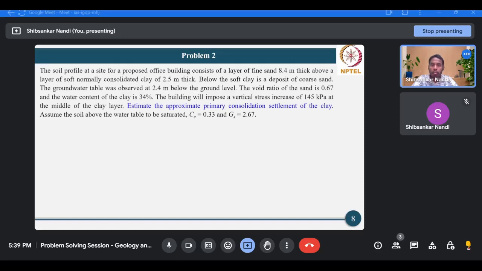The building will impose a vertical stress increase of 145 kPa at the middle of the clay layer. Now estimate the approximate primary consolidation settlement of the clay, and for that you can assume the soil above the water table to be saturated, the compression index for the clay is 0.33, and the specific gravity of soil solids is 2.67. So it's a very similar kind of problem to problem 1, except a few things.